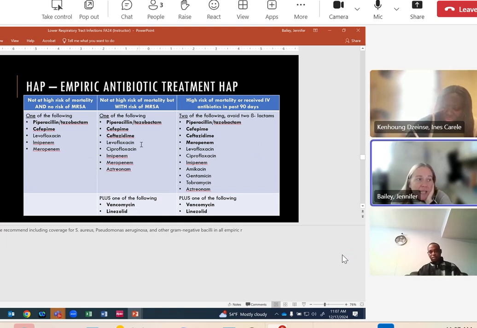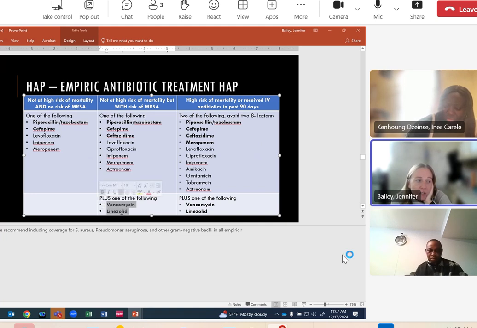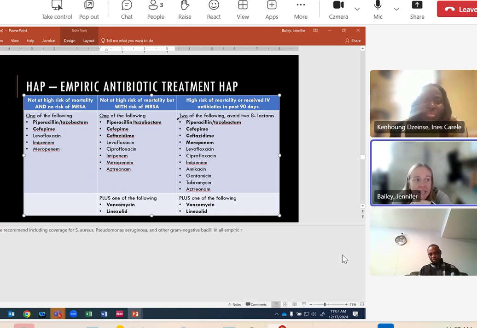Same as what we've been seeing. If the patient has risk factors for MRSA, then you need to add vancomycin or linezolid. These are our two antibiotics that are recommended for MRSA pneumonia or possible MRSA pneumonia. And then for the sickest patients who are at very high risk of mortality or at very high risk of drug resistance, then you actually do double coverage.